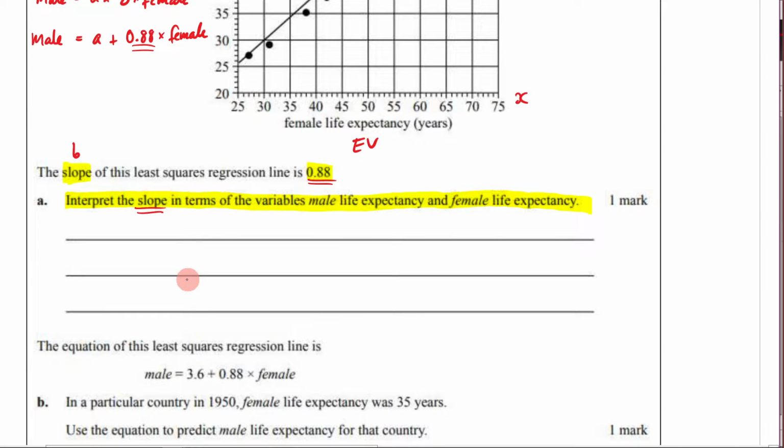So that's what we're going to write. We're going to grab a pen and we're going to write that. On average, and this is where you'd be following the template that we've provided you.